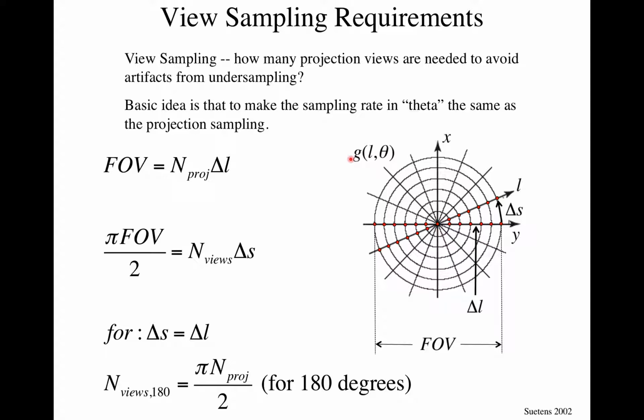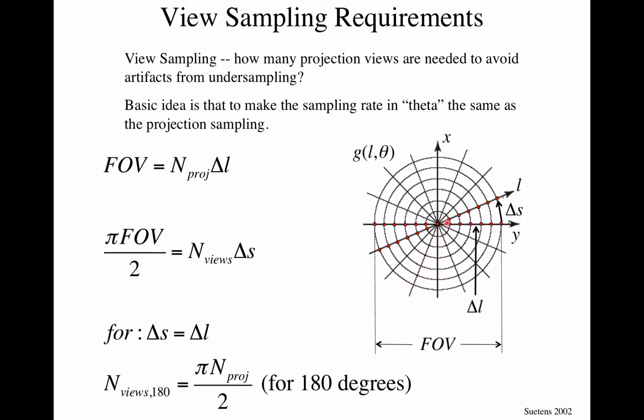So how do we derive this? If this is the L direction, and we're taking a sample, say every 1 millimeter on the sampling array, and then I rotate to get a new angle and get a new set of samples, then in space I have a distance between this sample and this sample.